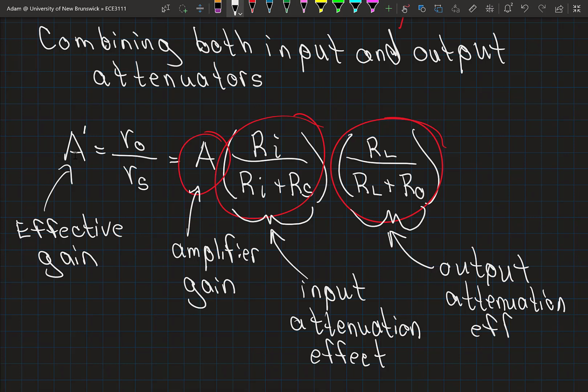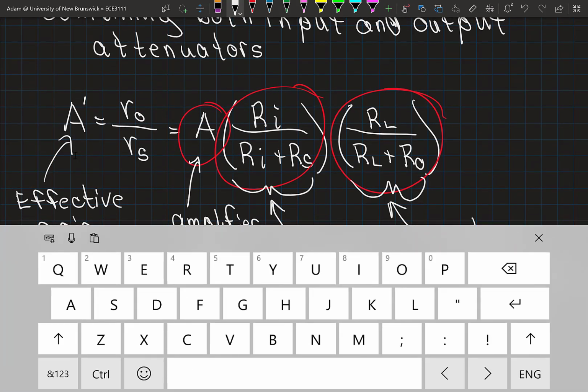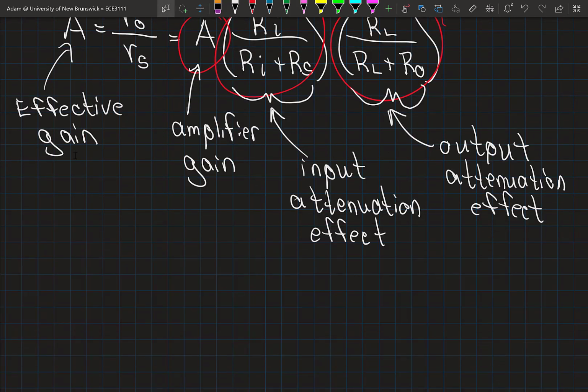Both of these effects combine to create an effective gain which is less than the amplifier gain.